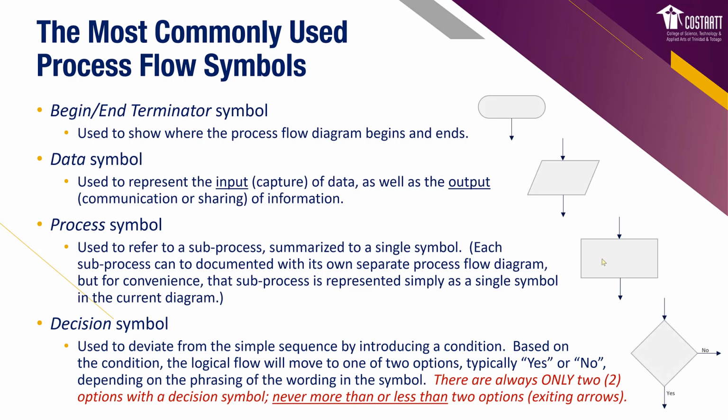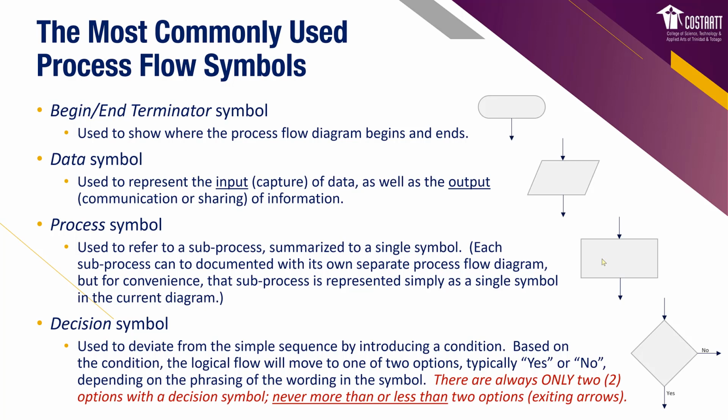The last symbol that you need to know is called the decision symbol. Now this is the most important symbol of all in the sense that it is the decision symbol that allows that variation of the logical flow from a simple sequence to anything else. It is the decision symbol that allows you to loop back to the beginning or to an earlier step. It is the decision symbol that allows you to branch between nursing students and other students.